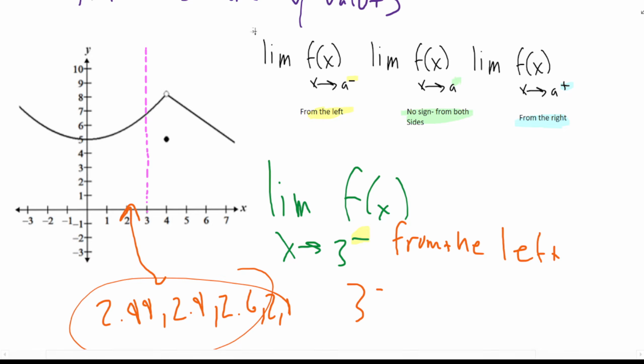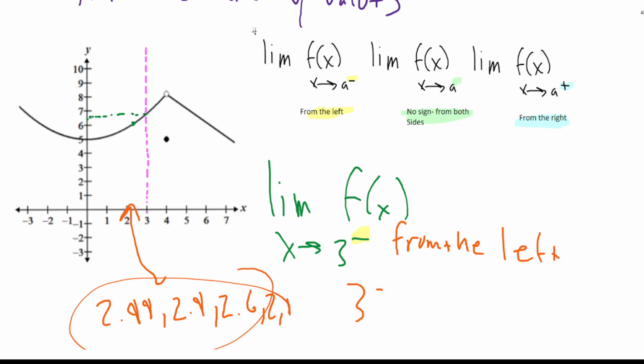If you were to imagine, okay, I'm going to plug in the number 2.9, and I'm going to see, from 2.9, where does the y value or the line approach as x equals 3? So from the left side, I don't think I drew this the best.